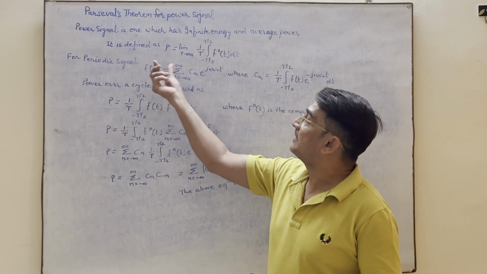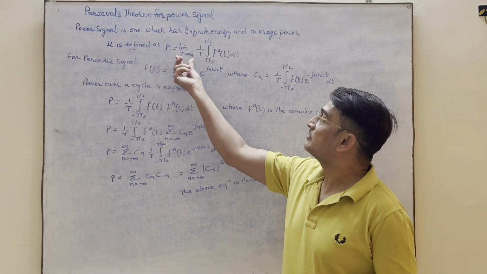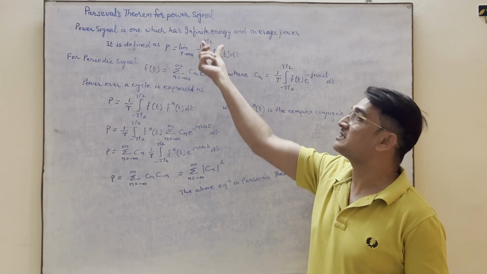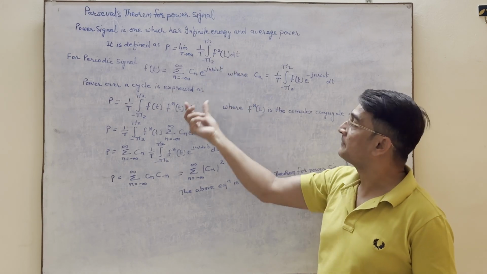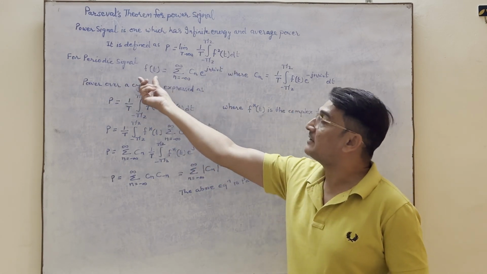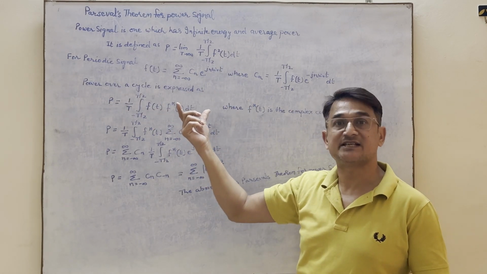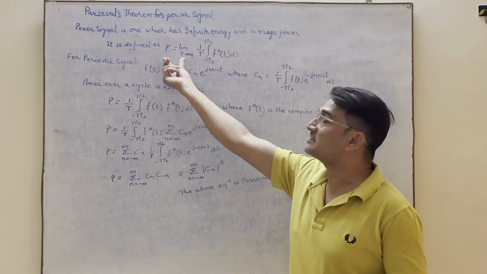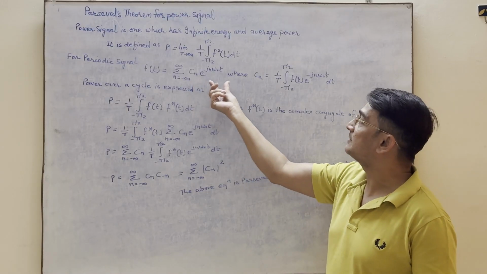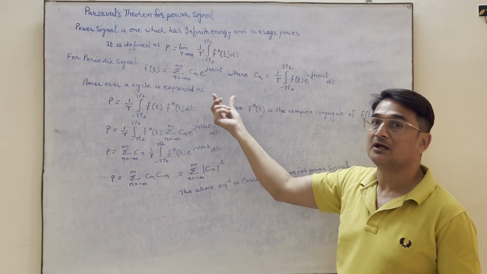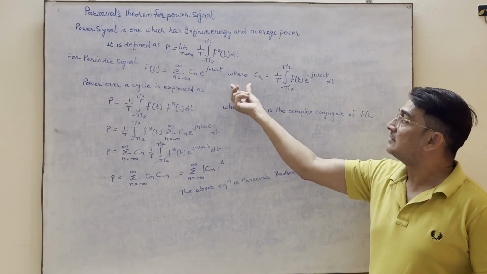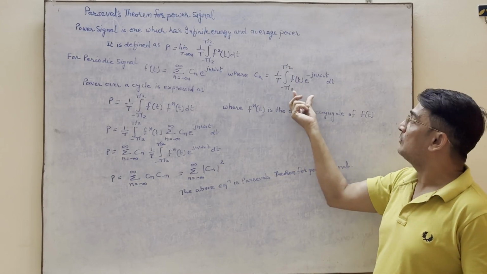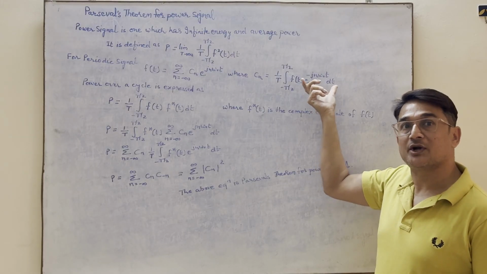It can be calculated by the formula P is equal to the limit as T tends to infinity of 1 by T times the integral over the limit minus T by 2 to plus T by 2 of f square t dt. For a periodic signal, the function can be defined by its Fourier series, which is the summation n equals minus infinity to infinity of Cn e raised to the power j n omega naught t, where this Cn is 1 by T integral over the limit minus T by 2 to plus T by 2 of f(t) e to the power minus j n omega naught t dt.